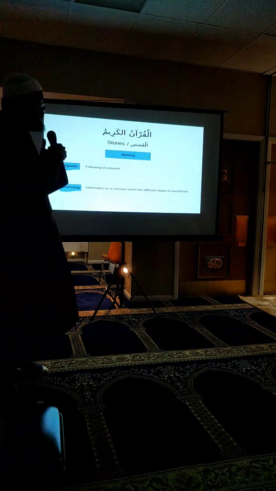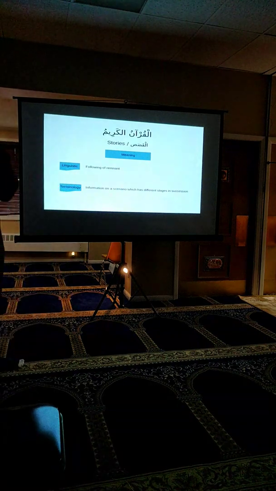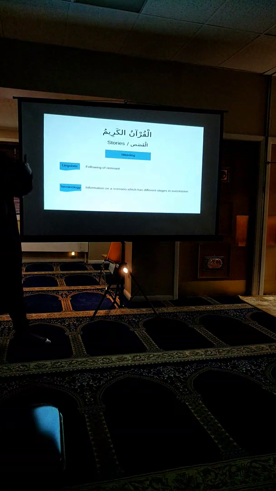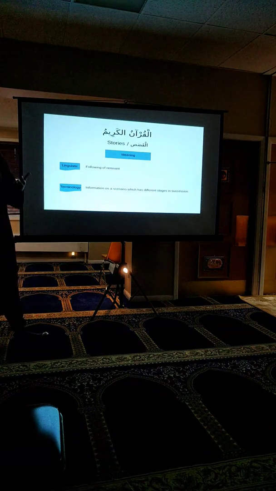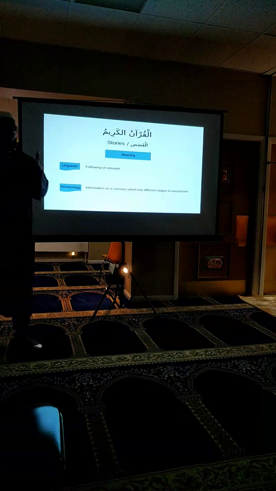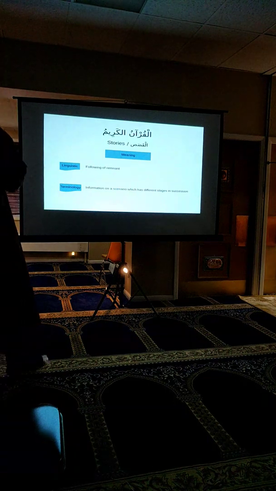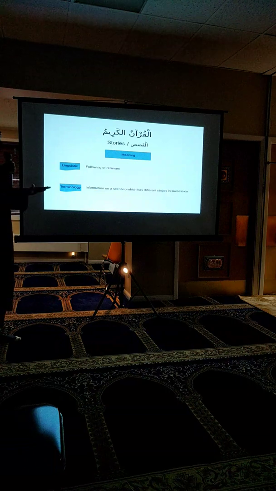And when we talk about story, or the word, we're going to have to talk about the definition, which is mostly what we do when we cover something new. And when we talk about definitions, we talk about the linguistic meaning, and the meaning of that word used in an Islamic setting or as a terminology.